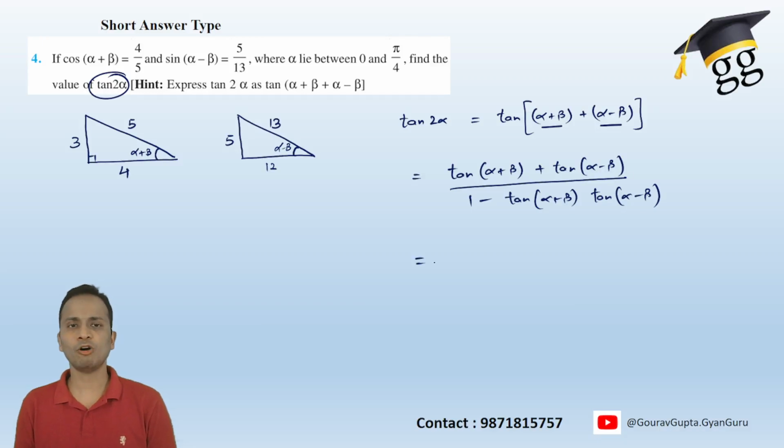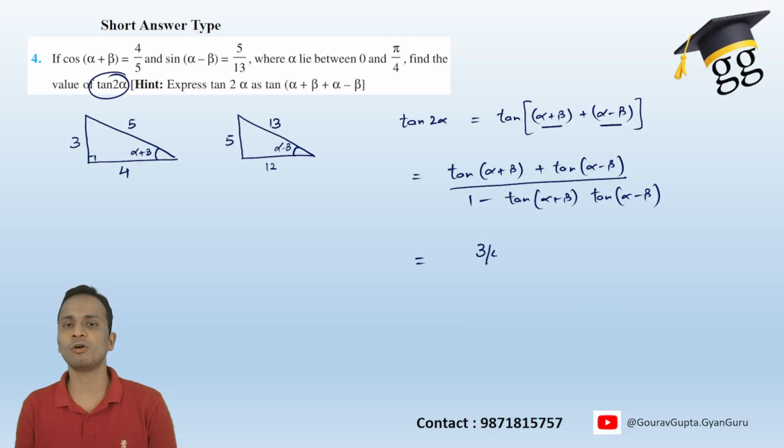Now you can refer to those triangles to find out the values of tan alpha plus beta as well as tan alpha minus beta. First of all, the value of tan alpha plus beta. Look at the first triangle. What will be tan of this angle? It will be perpendicular upon base, that is 3 upon 4.